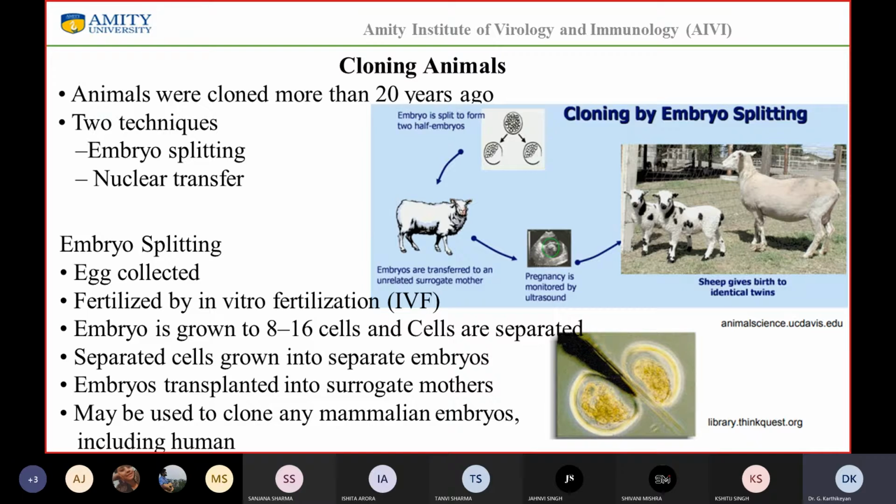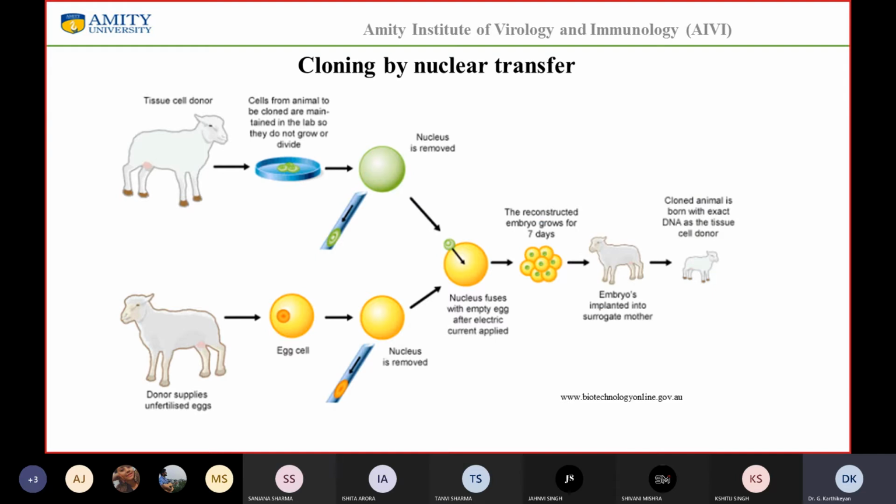It has literally mushroomed across India. The IVF that is done is different, but what I'm saying is the procedure has become so common that it could be used for cloning.